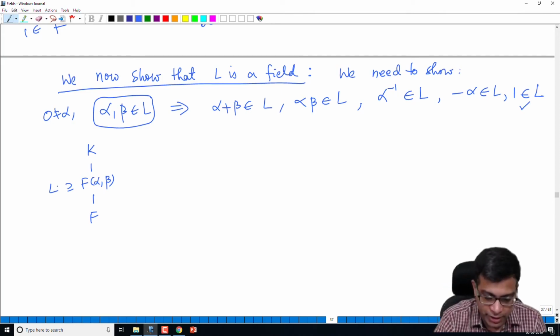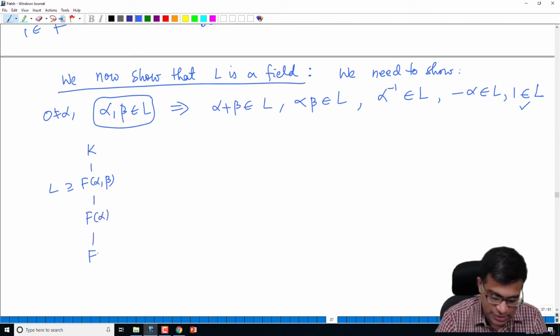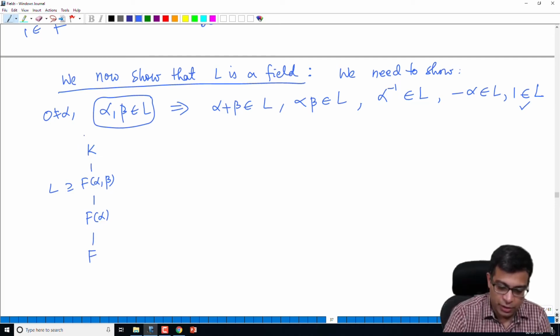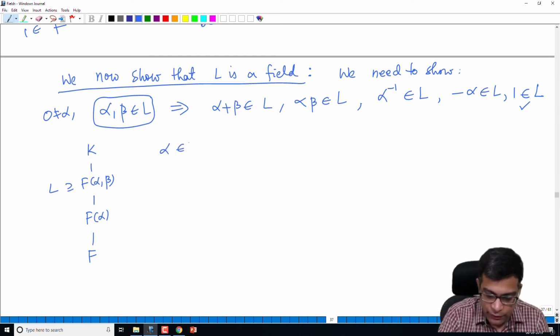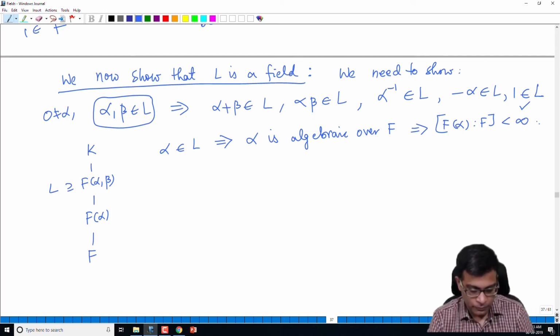Now the point is, this is F alpha and this is F. So this is the tower that we will consider. Since alpha is in L, alpha is algebraic over F by definition. That means F alpha colon F is finite.